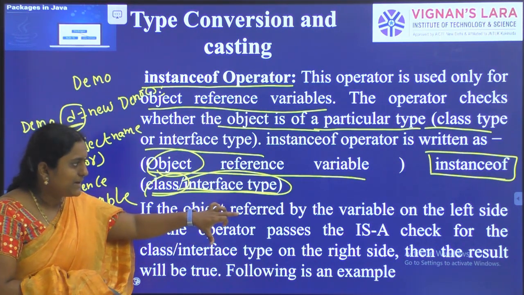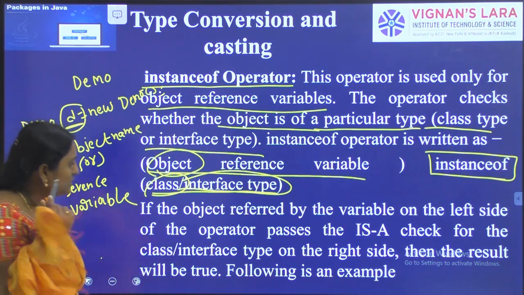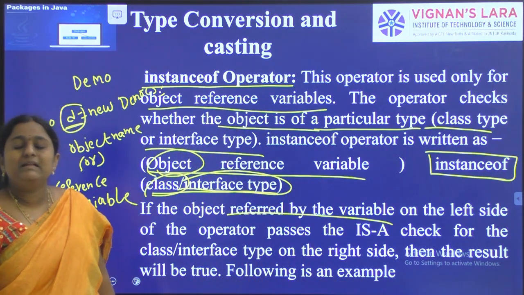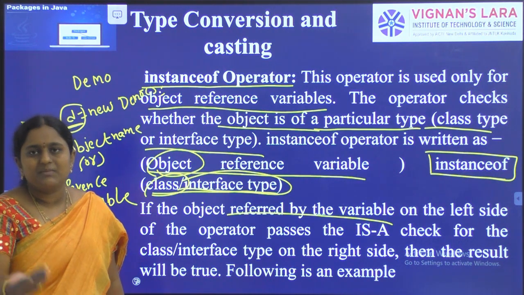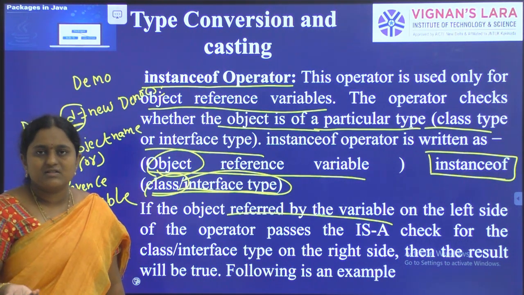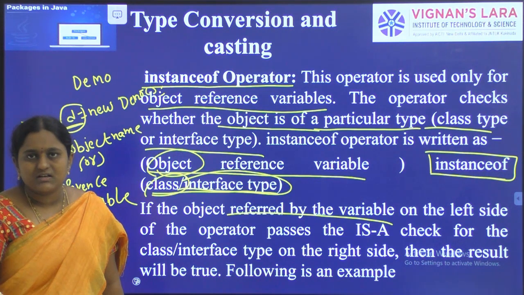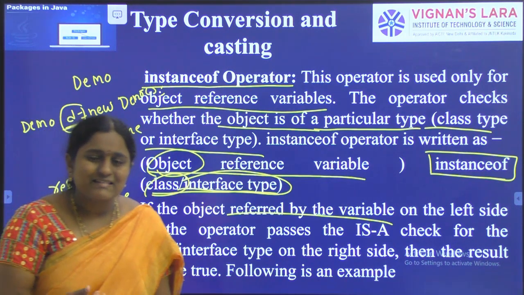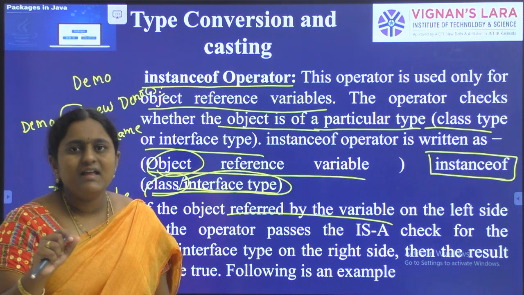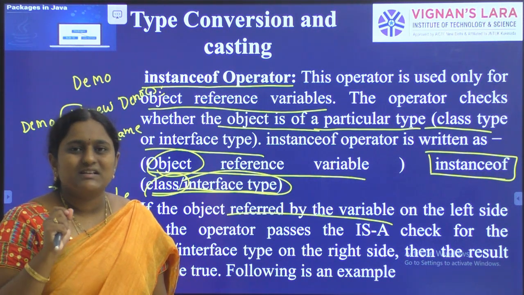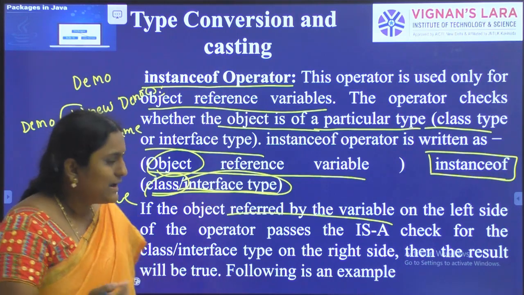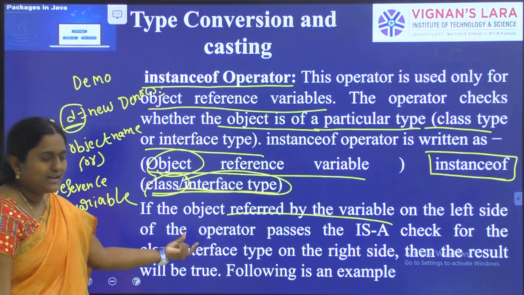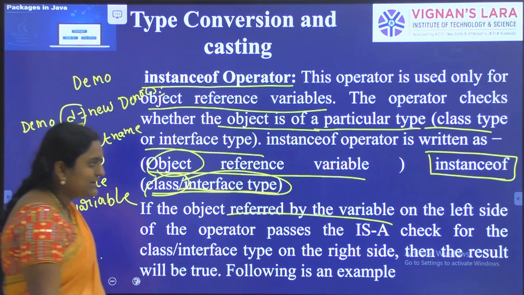Here, the object referred to by the variable simply means the reference variable. Any object can be referred to by some variable because it is a reference variable. Whenever we create an object with respect to the class, we write class name, object name equal to new constructor. So the object referred to by the variable on the left hand side of the operator passes the is-a relation. It is one type of relation.